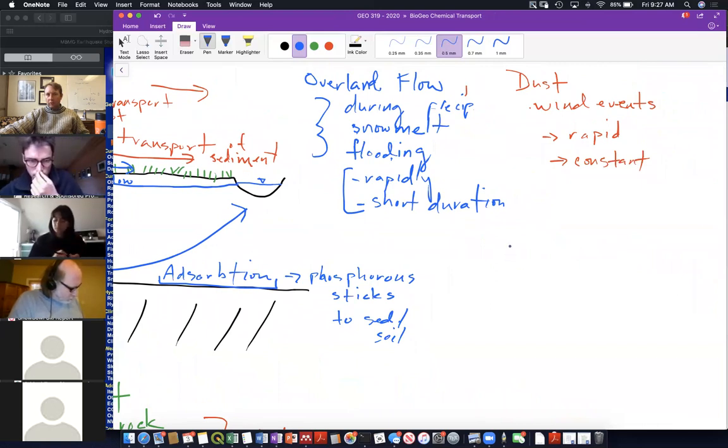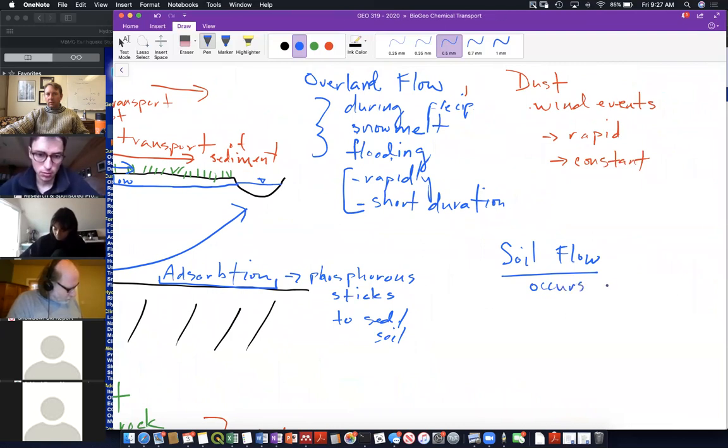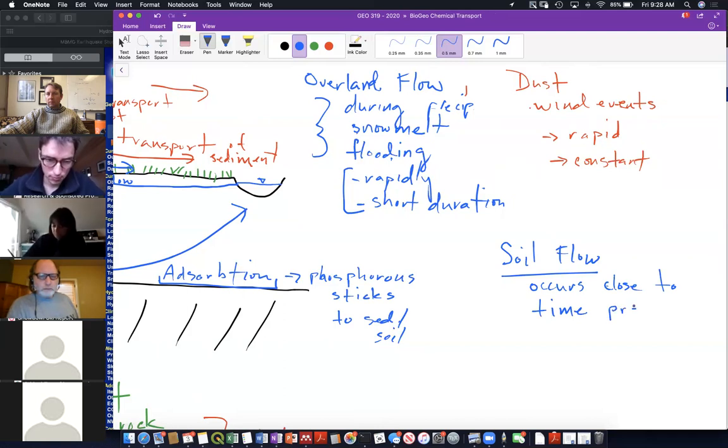So let's talk about soil flow. All right, it still, for the most part, occurs during precip, or let's say occurs close to the time of precip, or snow melt.